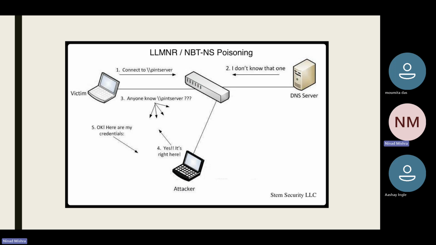So that is how this NBT-NS and LLMNR poisoning works. This is basically outdated and is not being used right now. But still, in some organizations where security is not kept at the basic level and configuration is not done properly, this will be carried out by the attacker.